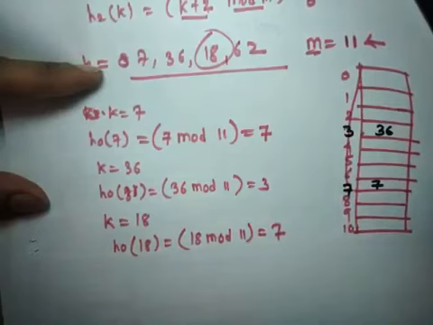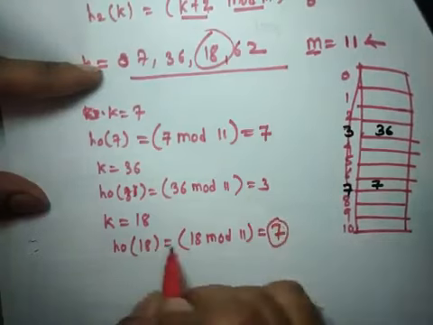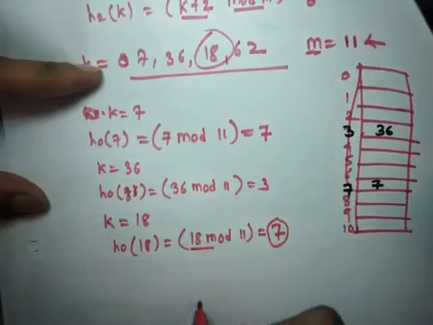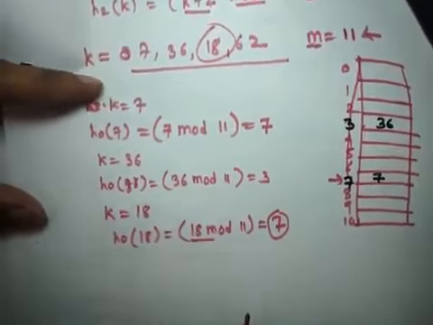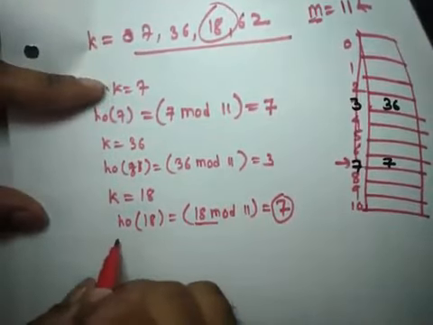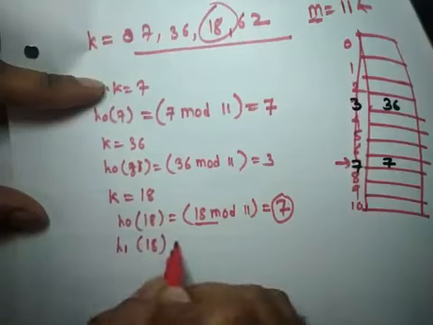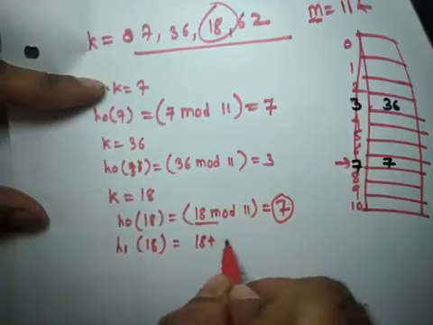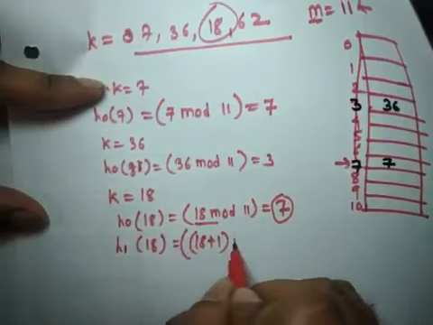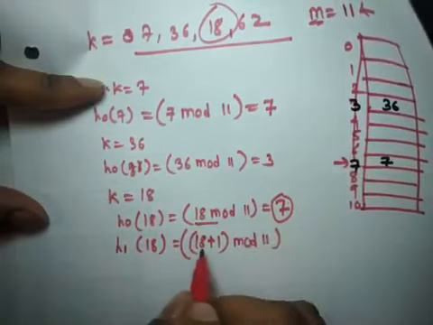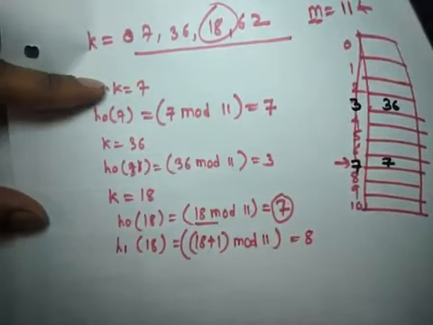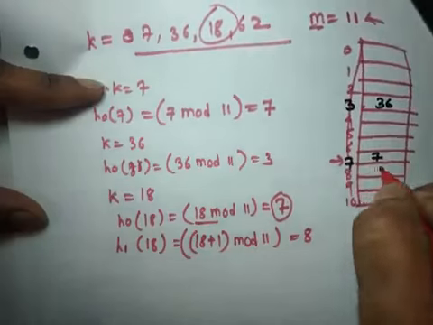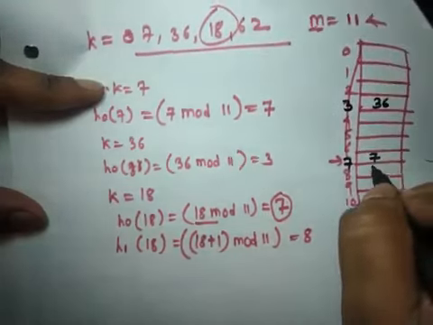At index location 7 we already have the element 7, so a collision occurs. In linear probing we calculate h1 for 18, that is 18 plus 1 mod 11, so 19 mod 11, which produces index location 8. So at index location 8 we store 18.